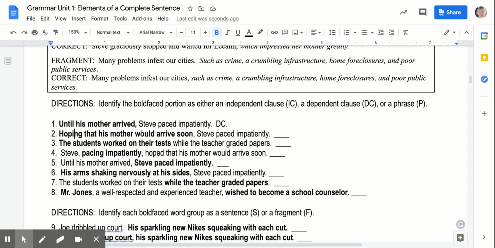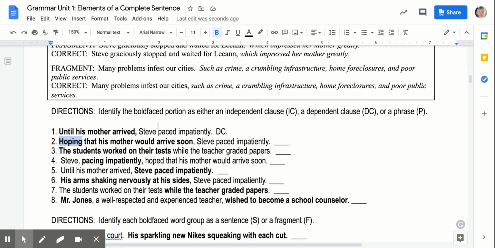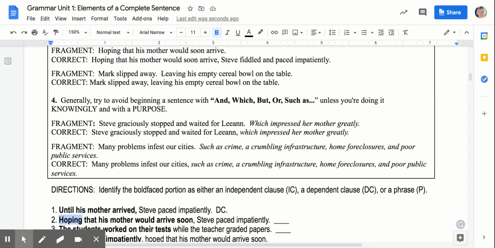Hoping that his mother would arrive soon, Steve paced impatiently. Okay. So I ask myself, do I see a subordinating conjunction? No, I don't see a word like since, as, because, until, when. In fact, this sentence starts with the word hoping. Hope is a verb, okay, but ing has been added to this.